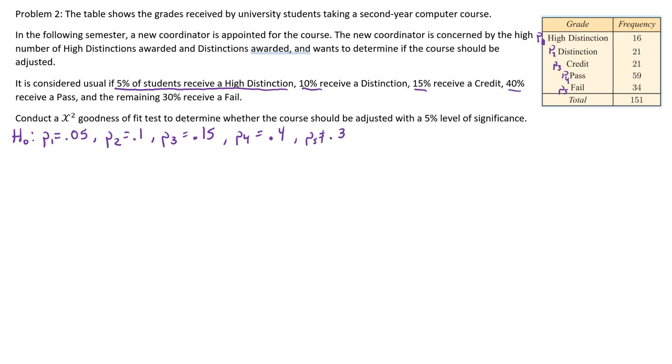The alternative hypothesis is going to be at least one of, and then we just kind of list all the different probabilities with the not equal sign.